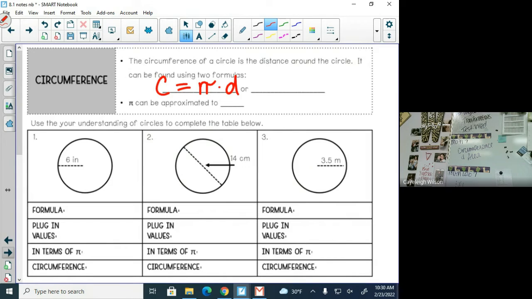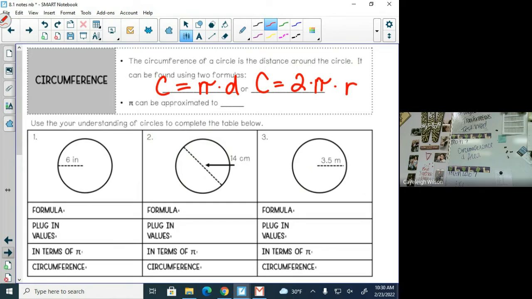If they give you the radius, what do we know about radius and diameter? If they give you the radius, how do you find the diameter? Multiply by 2. So if they give you the radius, the circumference is 2 times pi times radius. That's not hard.